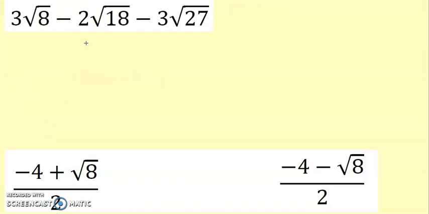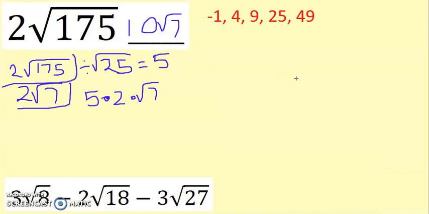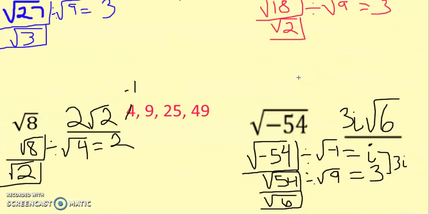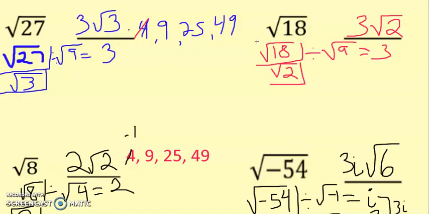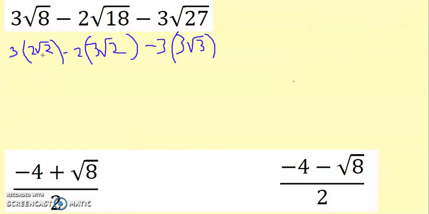Now let's combine like terms here. 3 square root of 8 minus 2 square root of 18 minus 3 square root of 27. So if you look earlier in your notes, we have these already simplified. Let's plug those in. So from the examples before, we write down our simplified radicals.